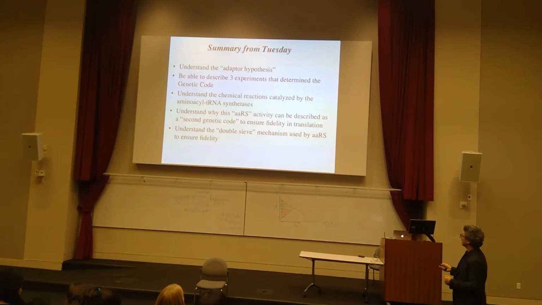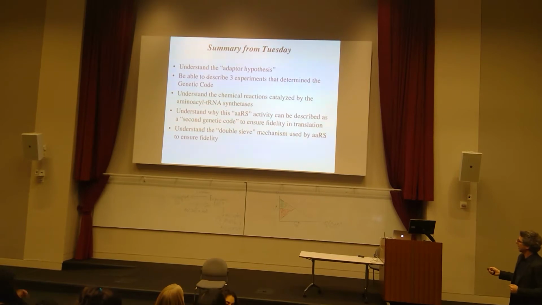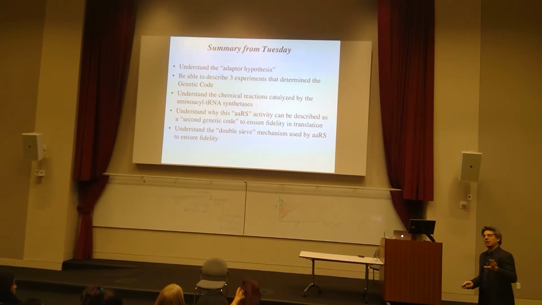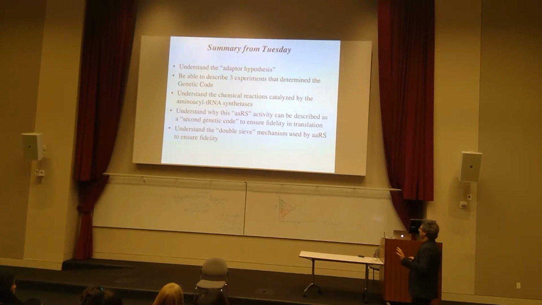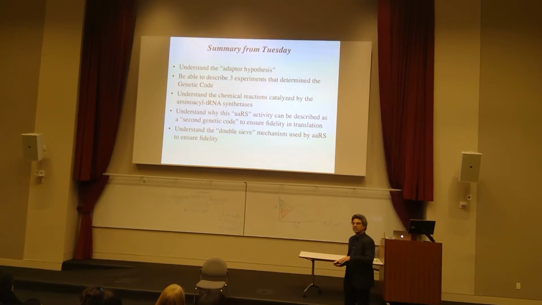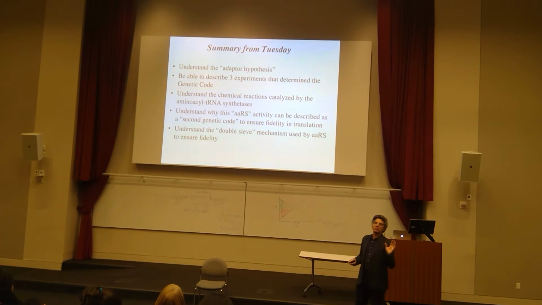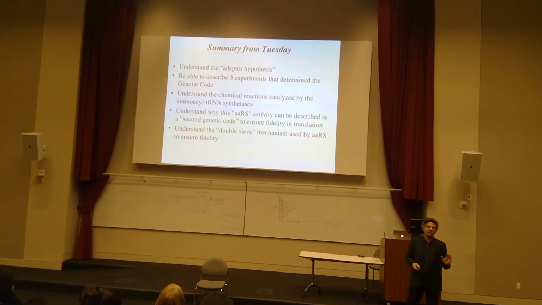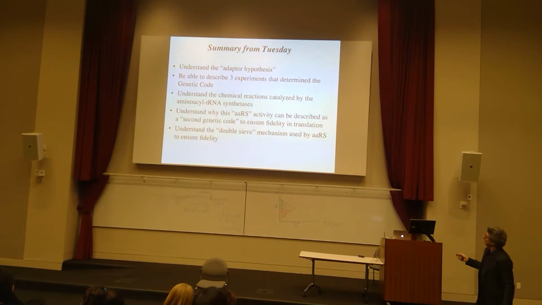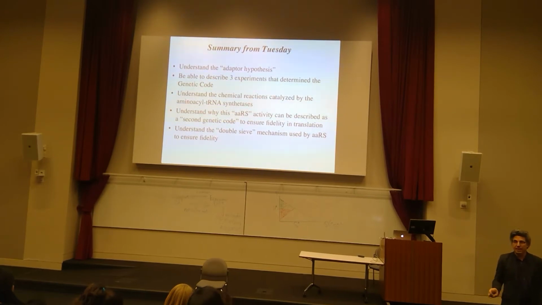They need to get it right, and so we understand that they have a mechanism which first screens for the proper amino acid to conjugate onto the tRNA, and then does an editing to remove an improperly amino-acylated species if it doesn't belong on that particular tRNA. Okay, so those are the big topics on Tuesday.